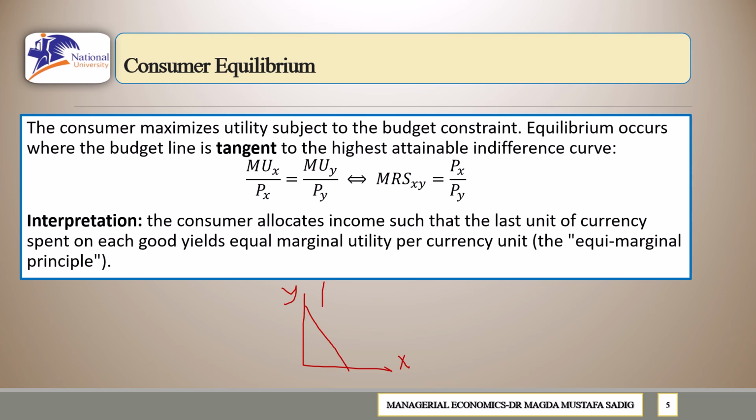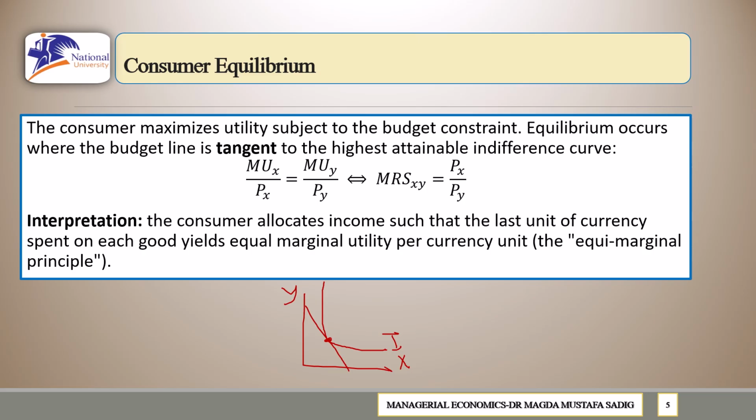But along the indifference curve, this is the maximum utility he can get from purchasing X and Y. So the tangency point between the budget line and the indifference curve shows the consumer equilibrium. The consumer equilibrium occurs where the highest attainable indifference curve touches the budget line.